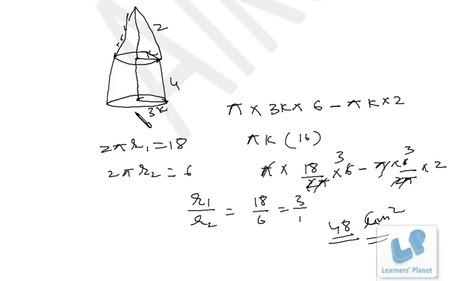You just have to add both the quantities into this 48, that is the curved surface area. Right? You can simplify this calculation by taking the things as common, and you can eliminate the step. Actually, it is not at all necessary. It's just pi R1 L1 minus pi R2 L2. Right? That's it. That is the curved surface area of the bigger cone minus the curved surface area of the smaller cone. Right?